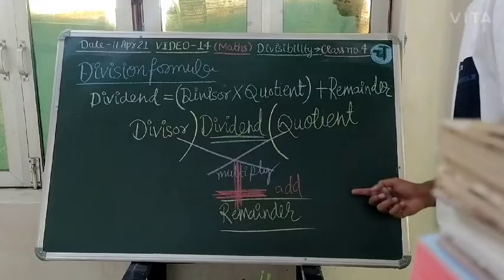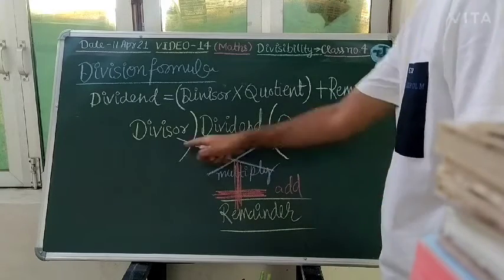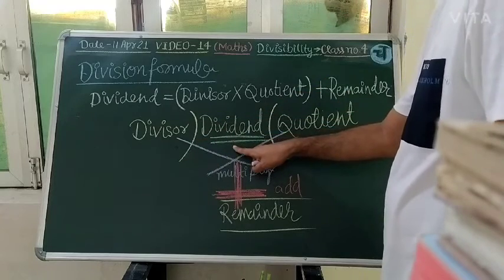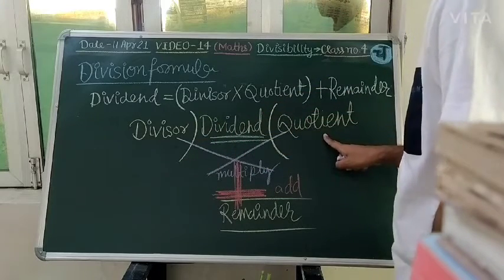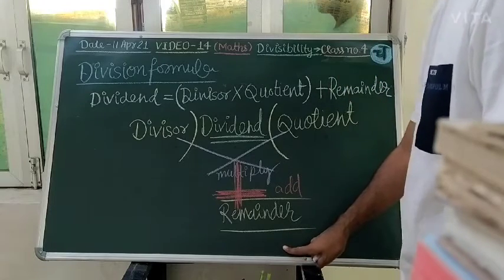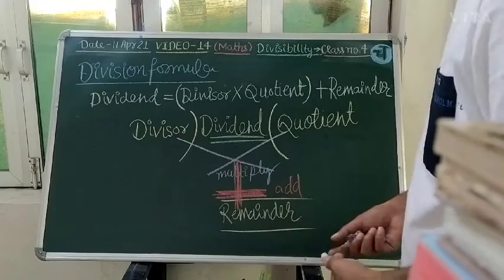So in division, the number here is called the divisor, the number here is called the dividend, the number here is called the quotient, and whatever is left in the end is called our remainder, and there is a relation.